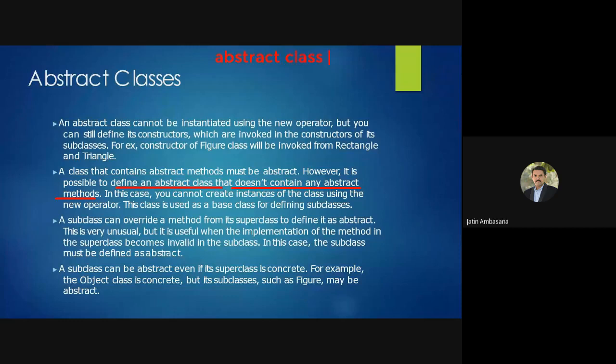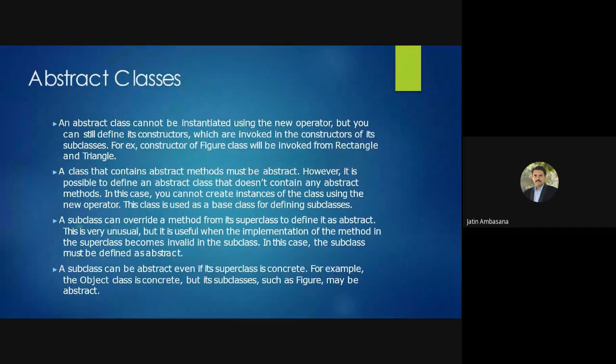And it's fine if it doesn't have any abstract methods inside it. Even if there are concrete methods, that's also fine. This class may be just used to be made as a base class for defining subclasses. Okay.